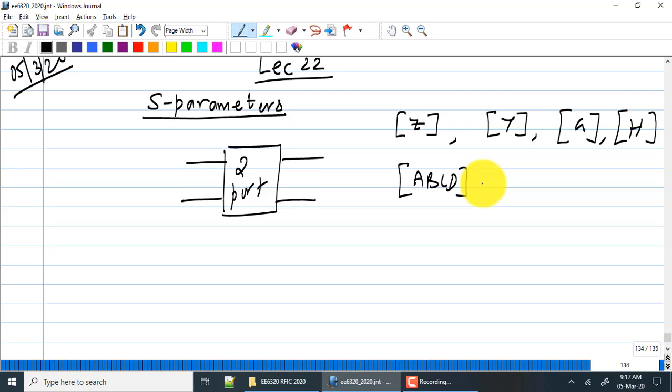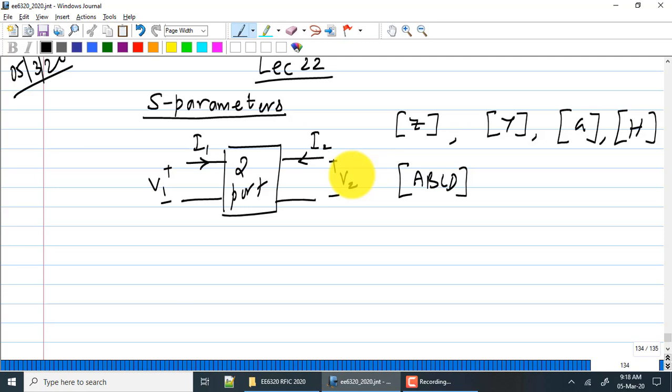If you decide to monitor the voltages and currents, so the normal way is to look at V1, V2 as the input and output voltages, I1 and I2 as the input port and output port currents. These various parameters relate these quantities to some of the others.